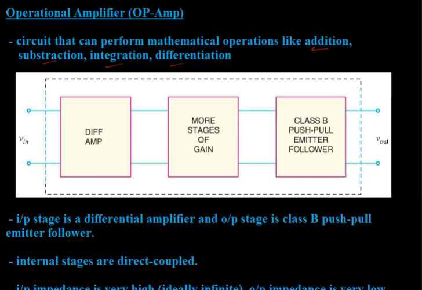The important feature of this operational amplifier is that it amplifies the difference in the voltages applied at the two input terminals. The voltage applied to each input terminal is not amplified as such, but the difference in the voltages applied to the two input terminals is amplified.